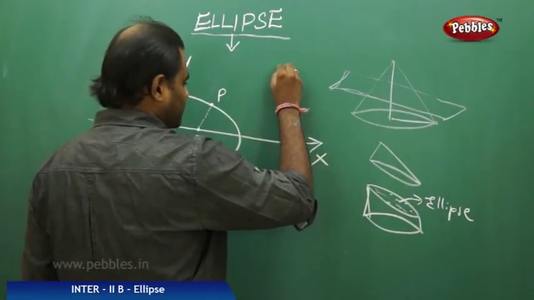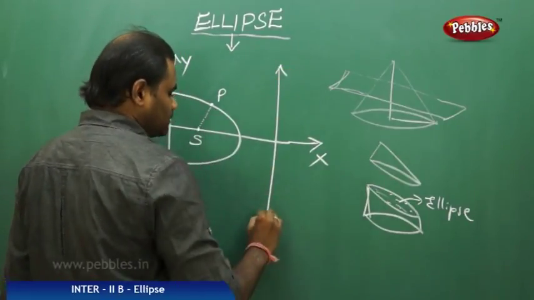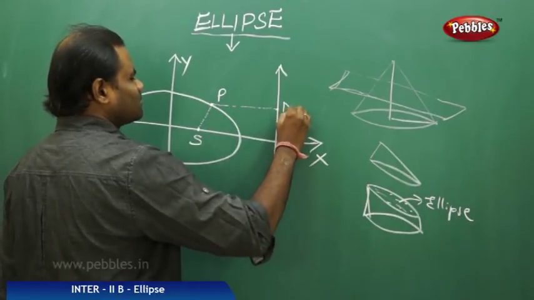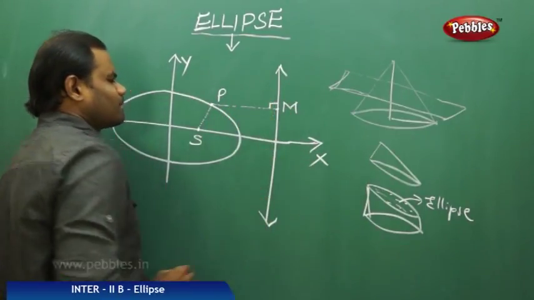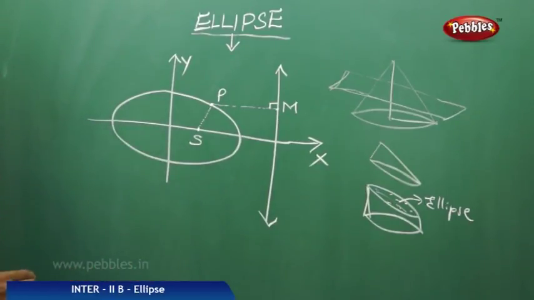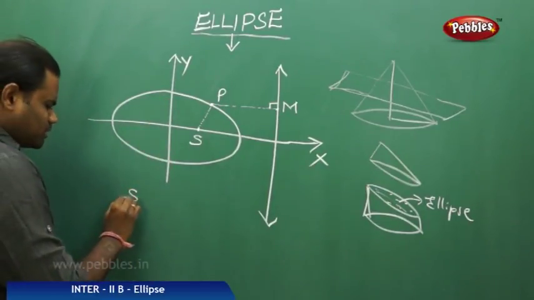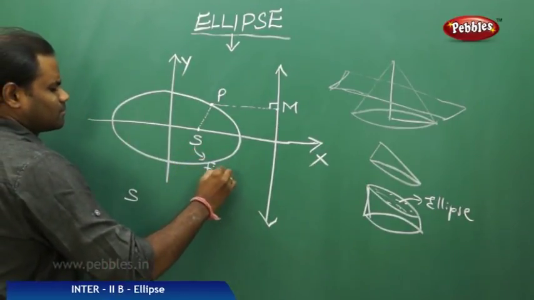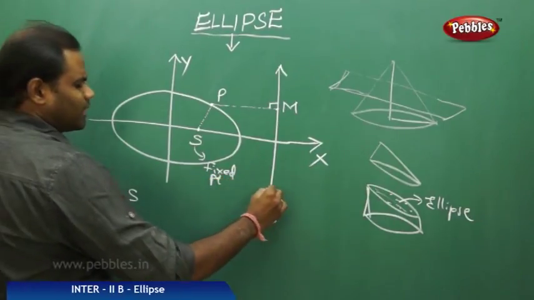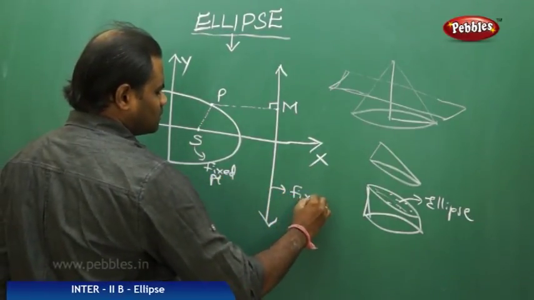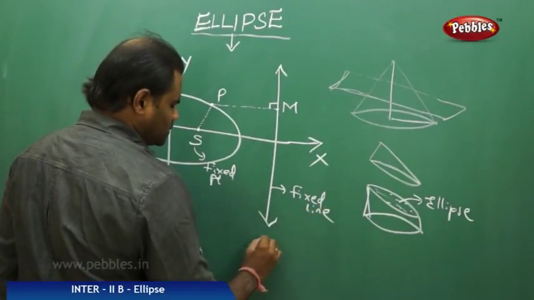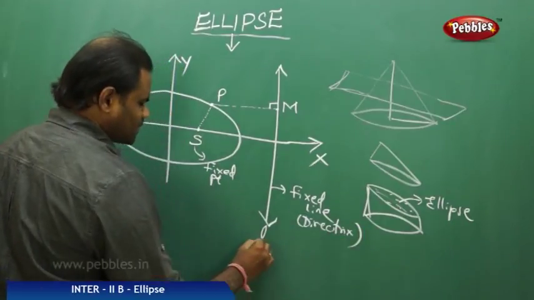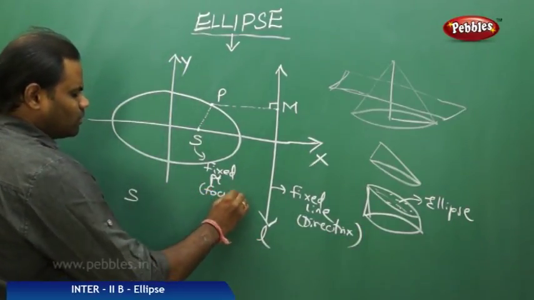Now I have a directrix, which is a fixed line, for the fixed point S. Now we have the definition of ellipse, which is generated from the fixed point S and a fixed line L, which is called the directrix, and this which is called the focus.